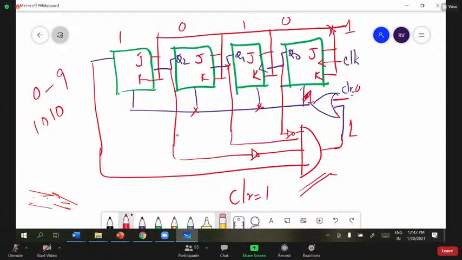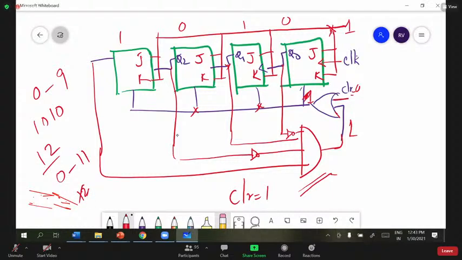If I ask you to design a mod 12 counter, what do you do? A mod 12 counter should count from 0 to 11. It should not count 12.